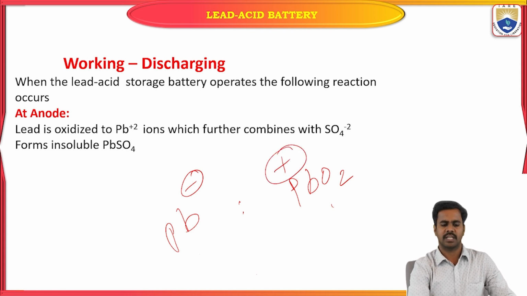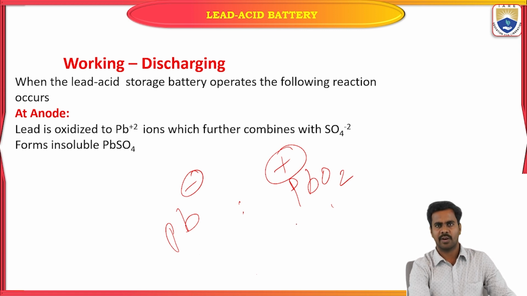During discharging, at the anode, lead is oxidized to Pb2+, which further combines with sulfate from H2SO4 to form PbSO4.